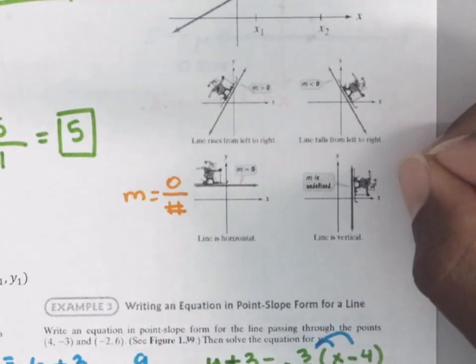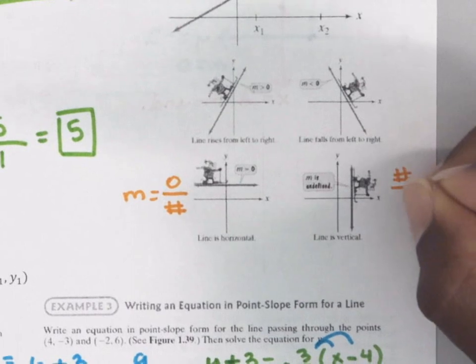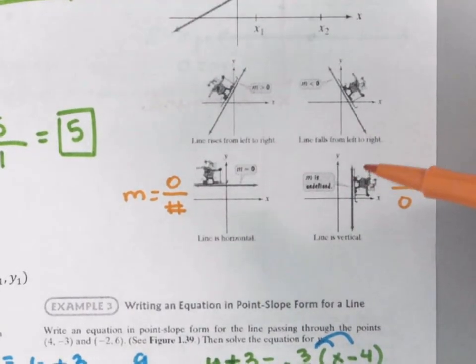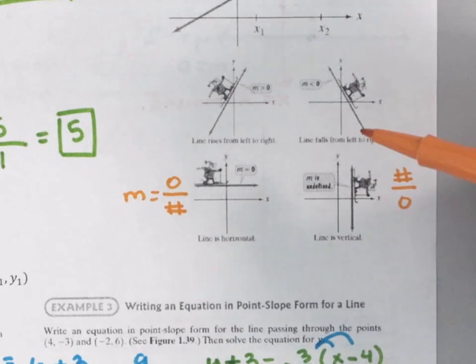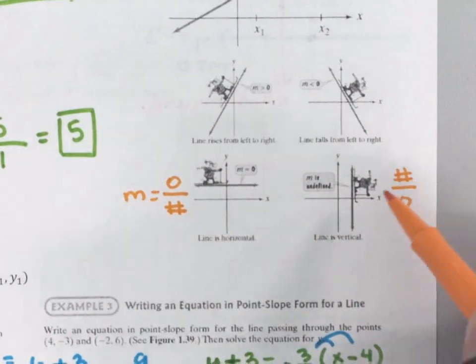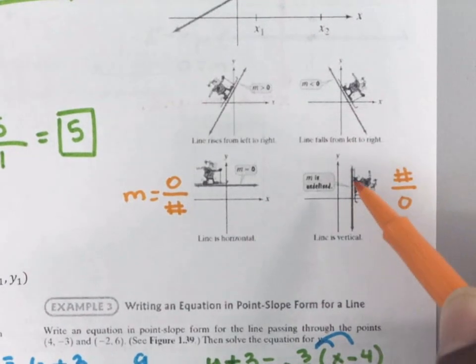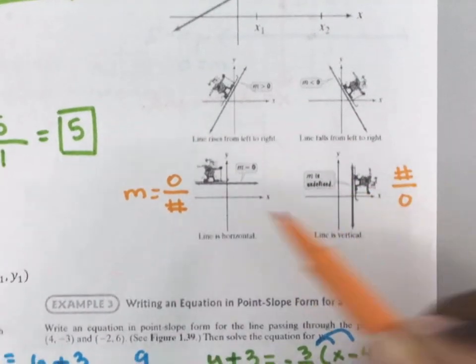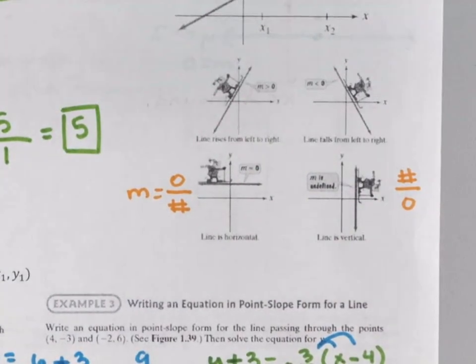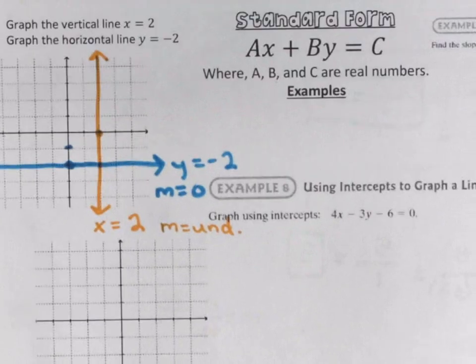When you flip it and you get some number divided by 0, well, you can't do that. Your slope is undefined. So just make sure you understand the difference between the two. Does that make sense? This case is where you divide by 0, your slope is undefined there. This one, your slope is just 0 because you're not going up or down. You're just staying flat. So just watch out for the differences between those two.